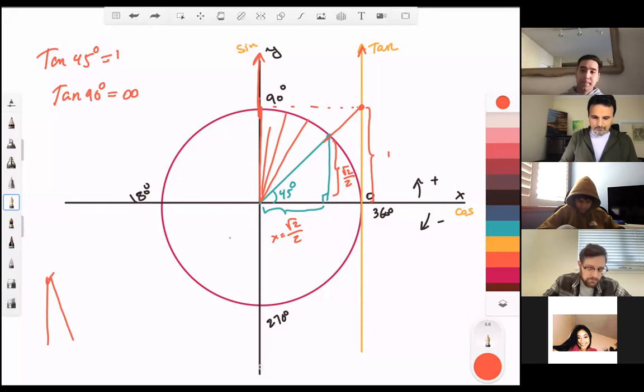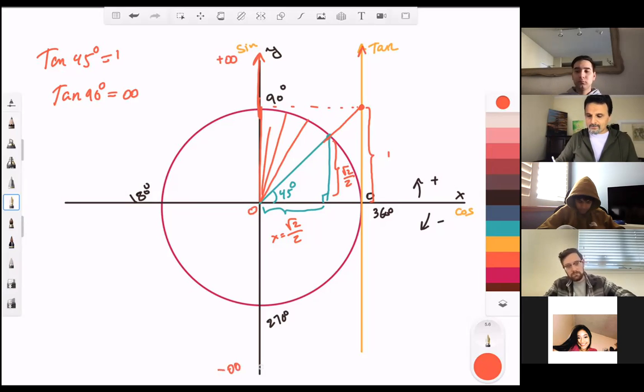Why do we say positive infinity? Because this is 0, right? Up is a positive, big number, and this is a negative big number here. Same as the tangent line. Here is 0, positive infinity, negative infinity.